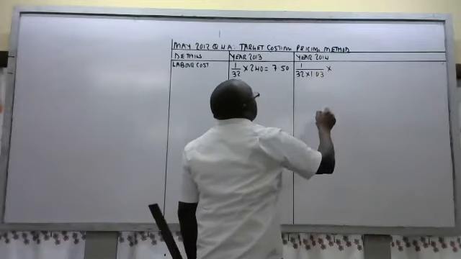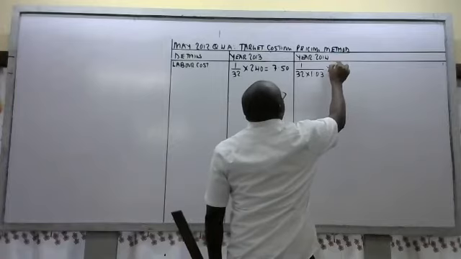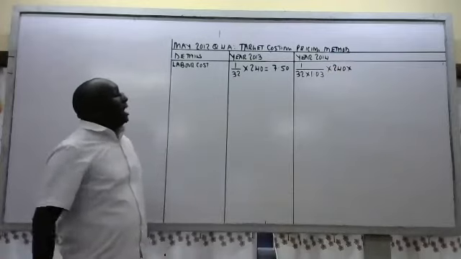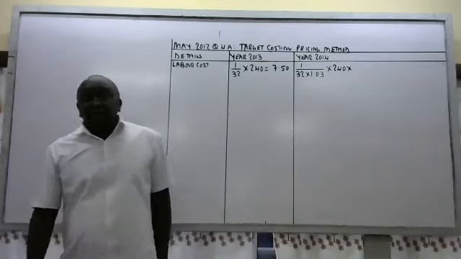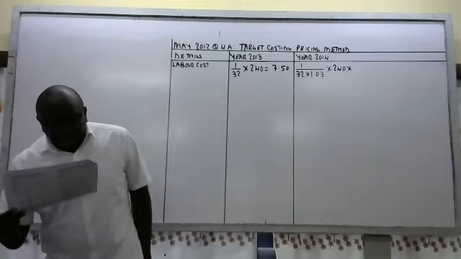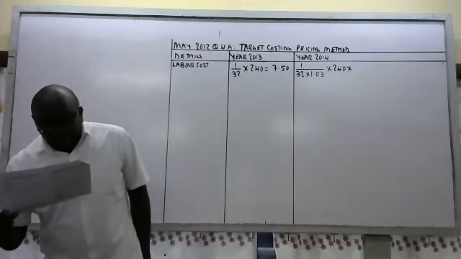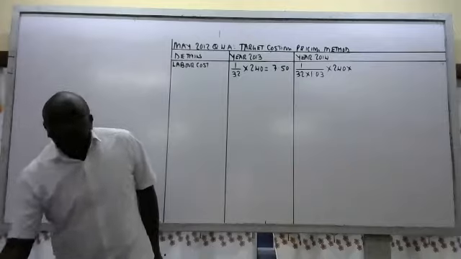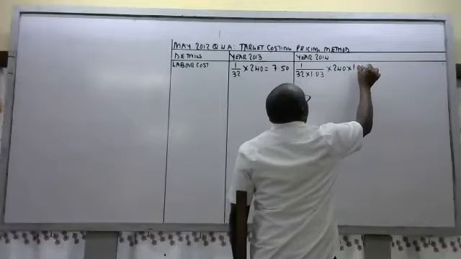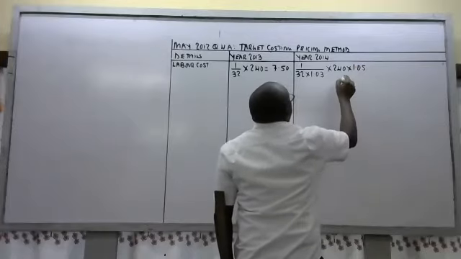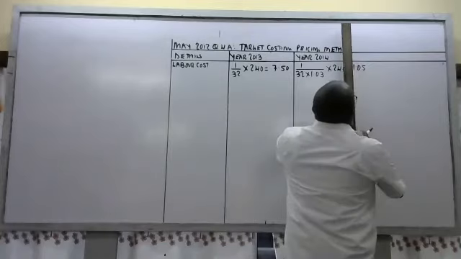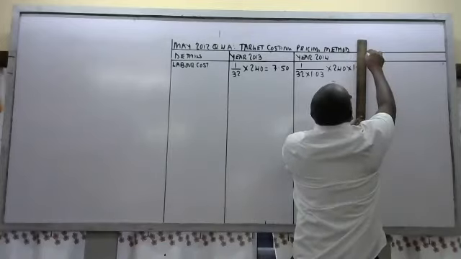Then you say times 240, multiplied by, the labor rate is increasing by 5%. So multiply by 1.05. My space will not be enough.